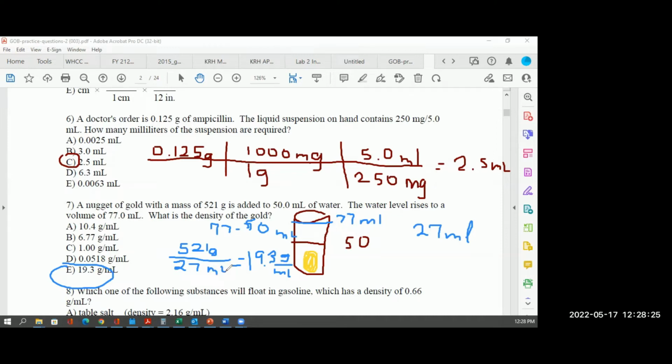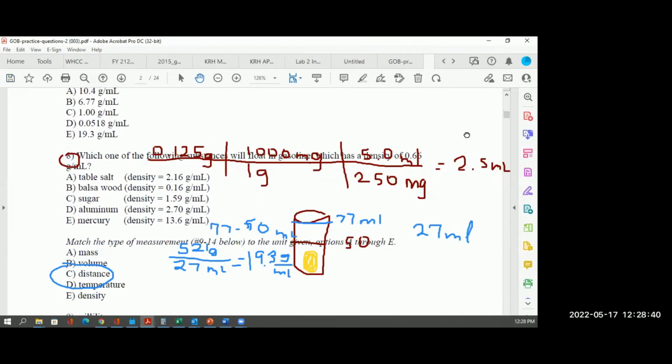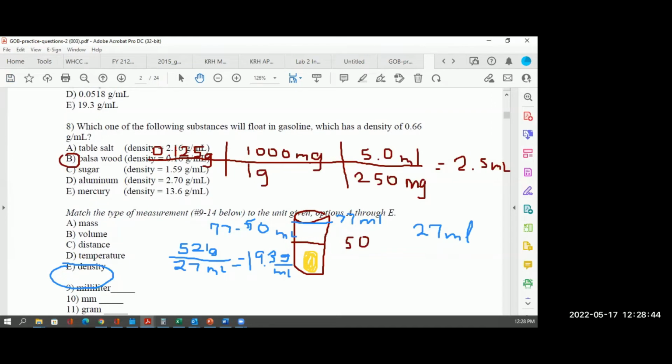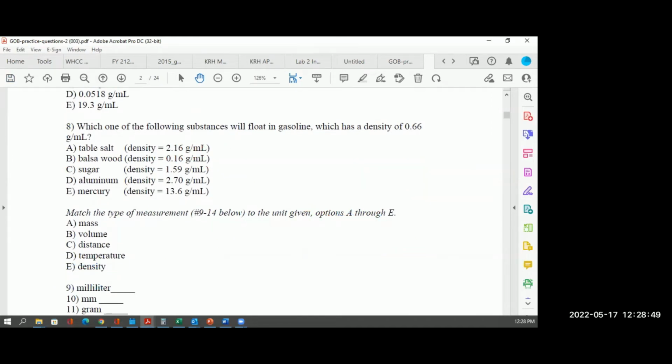Standardized tests always do that, so pay attention to that. My tests, since they're typically write it out, short answer, they're not going to do that for you.